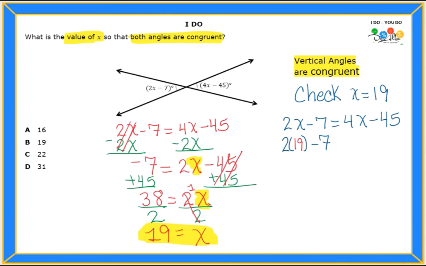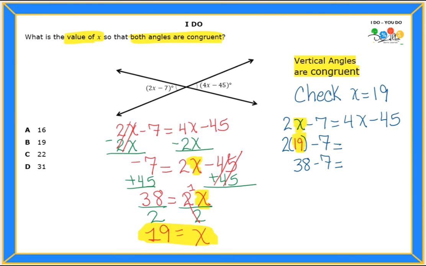Okay, so what did I do? I'm replacing x with a 19. Okay, so notice that there's another expression on the right. I am not working on that one. So let's multiply 2 times 19 minus 7. And let's see what we get. Okay, so 2 times 19, it's 38 minus 7, and I'm stopping right there on the equal sign, okay?